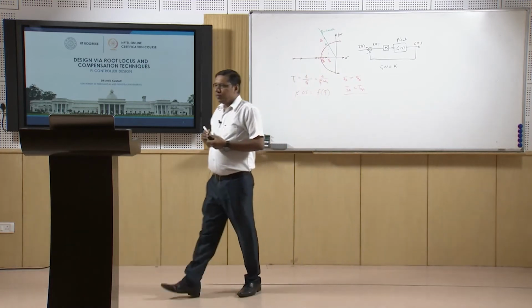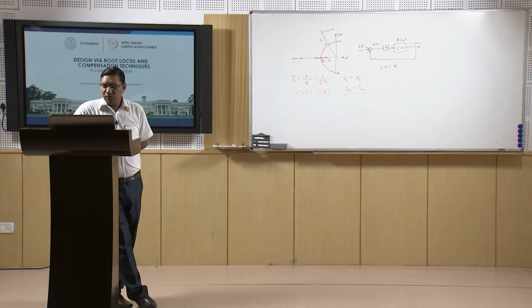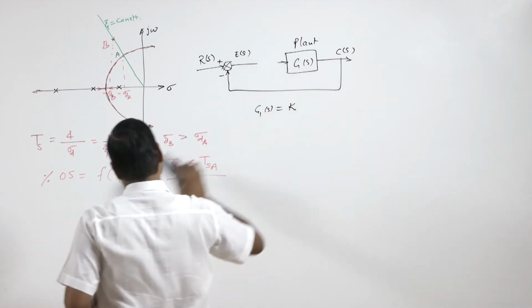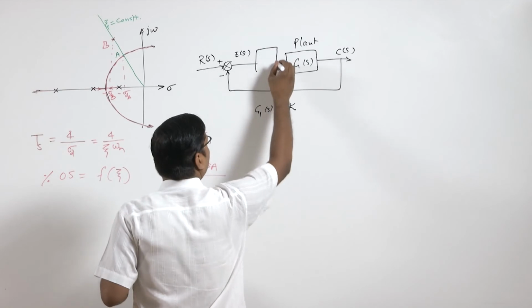We can also use the integral controller. So we feed the integrated error to the plant. So in place of K, we can have an integrator.